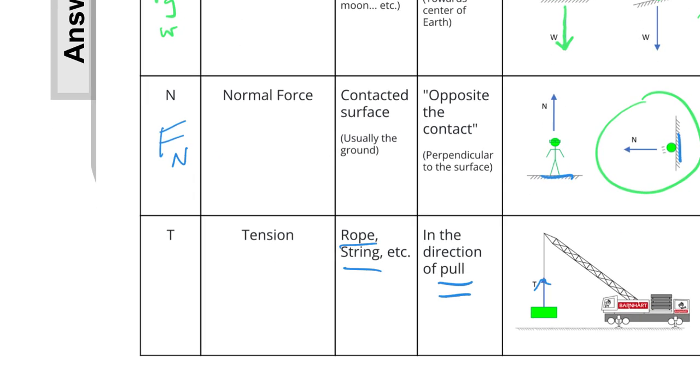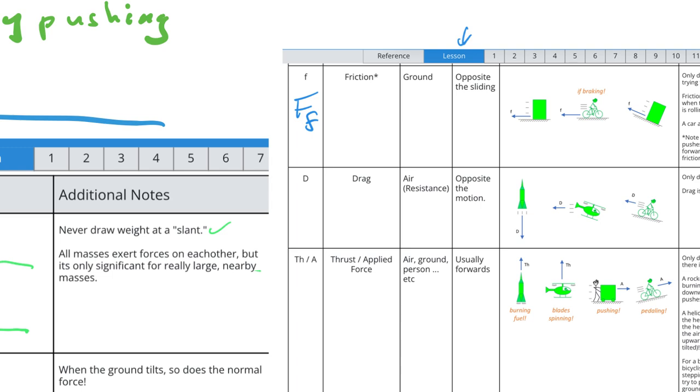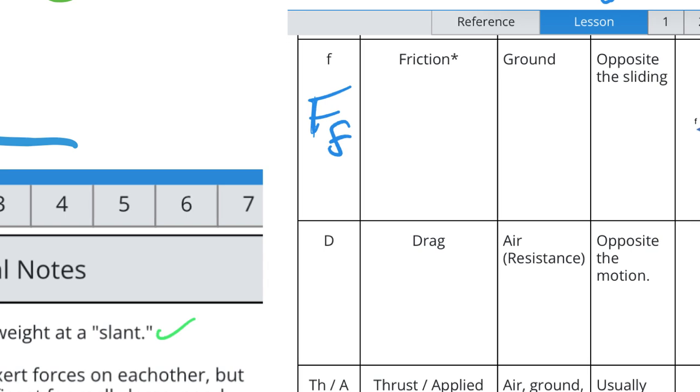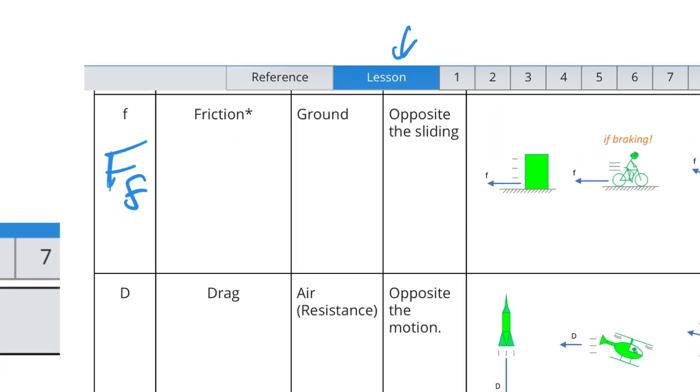The symbol for tension is big F subscript T. I'll use capital T. If you're in AP Physics, the symbol for friction is little f, but in Positive Physics style it'd be capital F with a subscript F. Friction is always opposite of the motion.